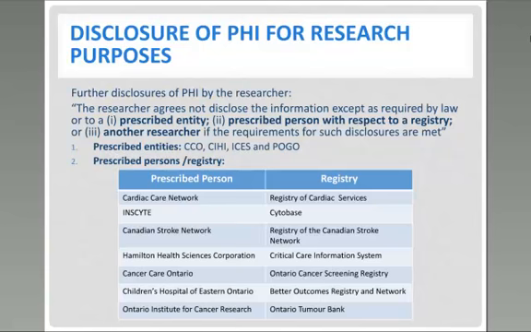Although generally the entities don't disclose in identifiable format, and they do a lot of data matching, they certainly have the authority to manage information in identifiable form. And in order to be prescribed, in order to have their name appear in that regulation list, they go through a very rigorous approval process.